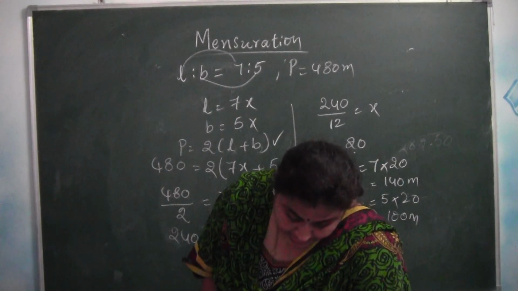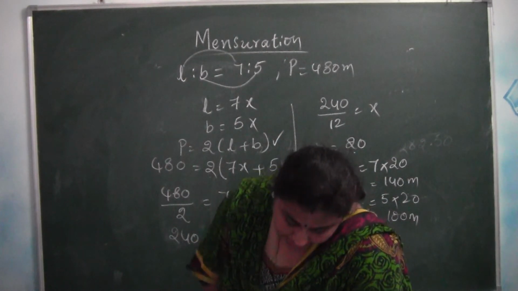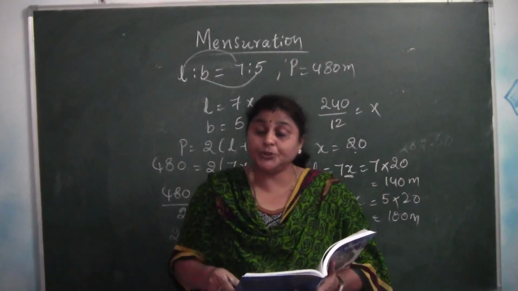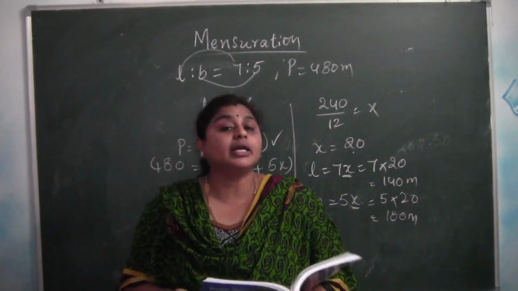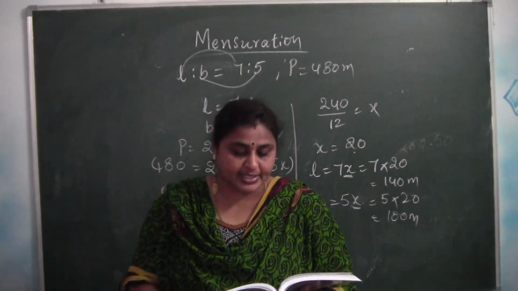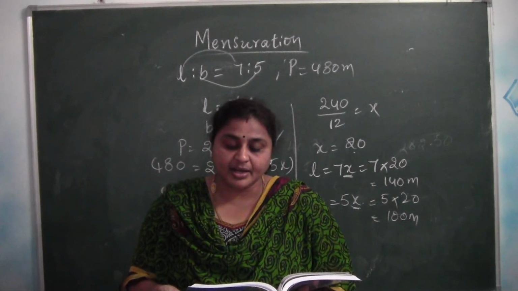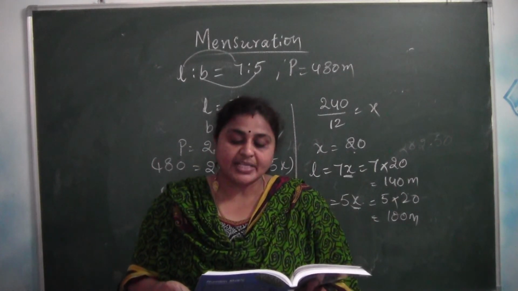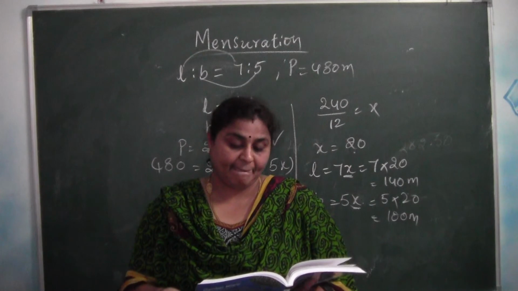Next, 6 to 1. I will just explain the 6 to 1 orally. Try to do it. If you are not getting it, I'll solve the problem and show you again. See, the length of a rectangular field is twice its breadth.